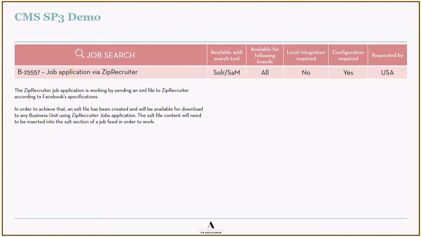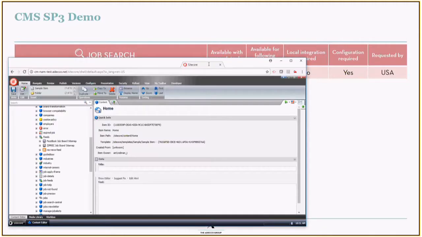The goal here is for our system to be able to send a feed to both Facebook and ZipRecruiter so the candidates can actually see the jobs from these two different websites and also apply to the jobs directly from Facebook and ZipRecruiter.